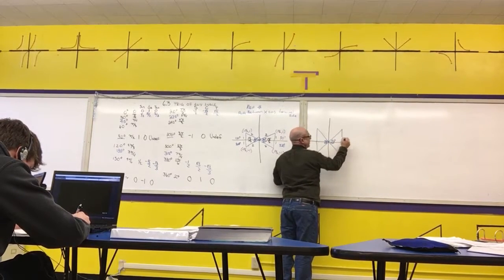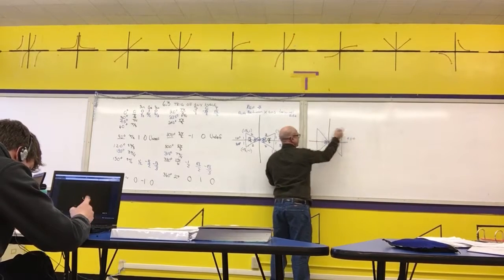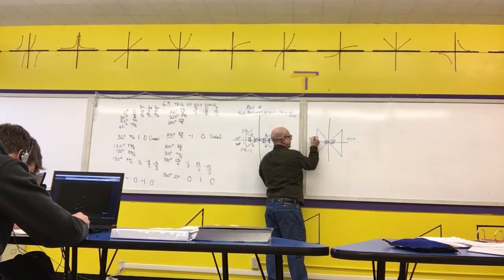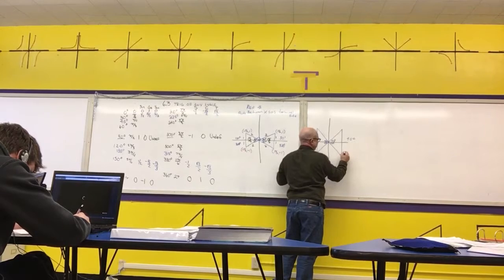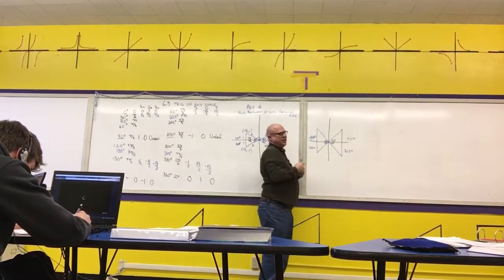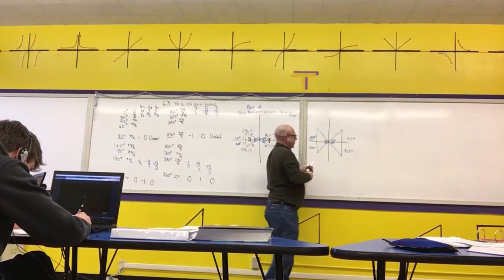Okay, this is 45 degrees. This is 225. This one's 135. And this one would be 315. All I did is I added 90 to each of the quadrantal angles.